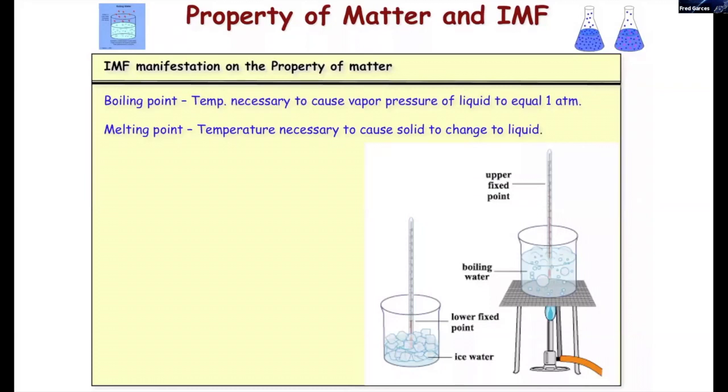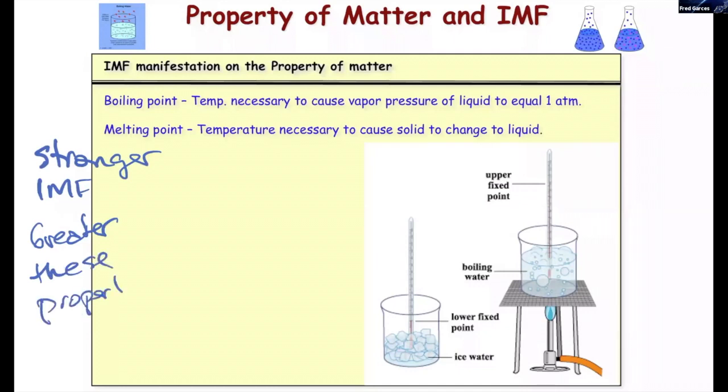Likewise with their melting point. If they're held together by strong intermolecular force, then you need a higher temperature to pry them apart. So in general, the stronger the IMF, intermolecular force, the greater these properties.